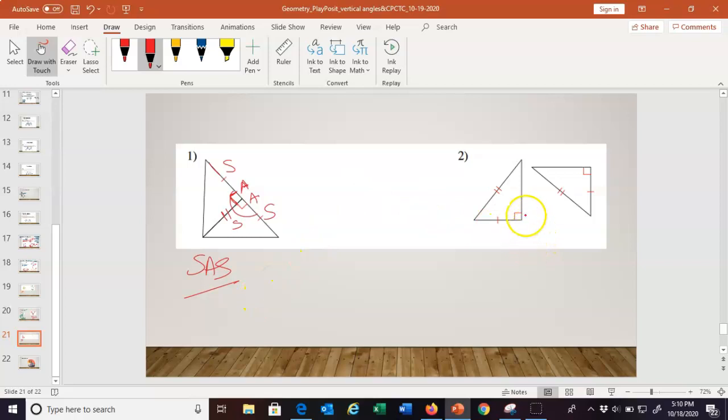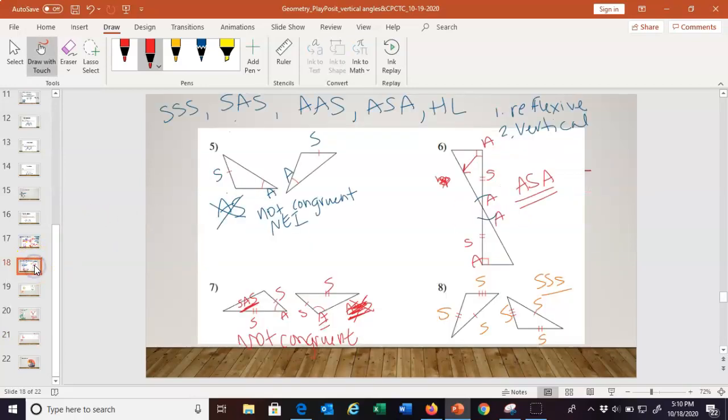Okay, let's look at this one. So whenever you have a right angle, it's a good idea to start thinking about HL, but just keep in mind it won't always be HL. I'm going to go back. Remember we saw the triangle here with a right angle, and it was not HL because the hypotenuse was not marked.